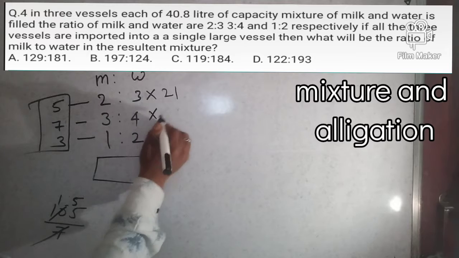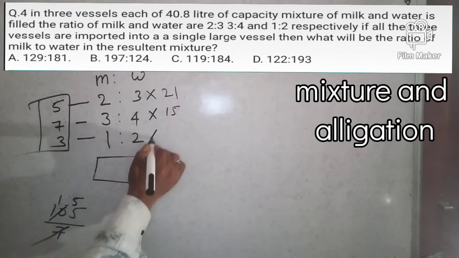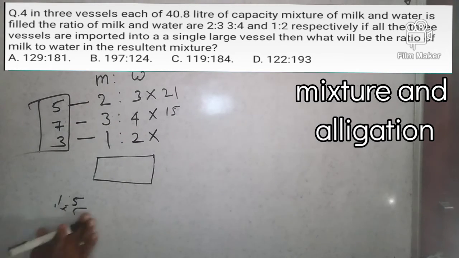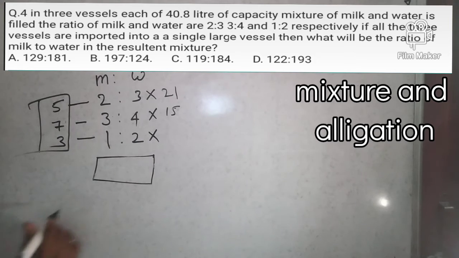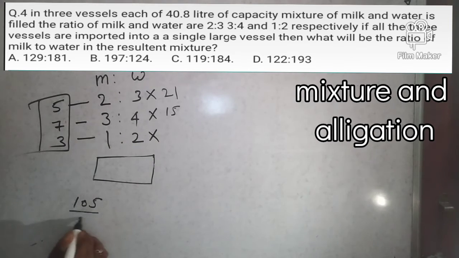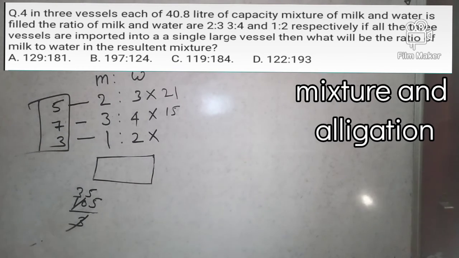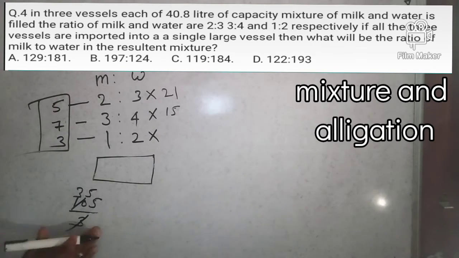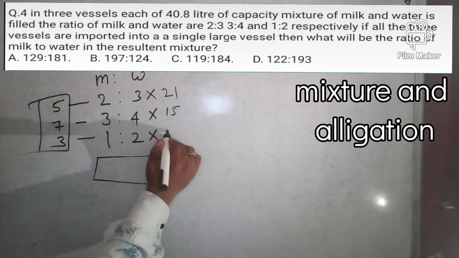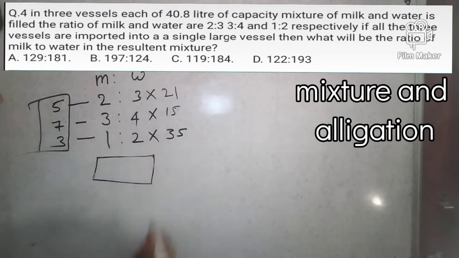So multiply with 15. 105 by 3 will be 35, so multiply by 35.